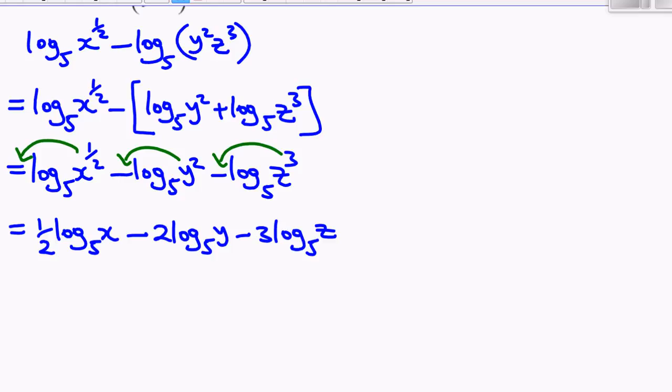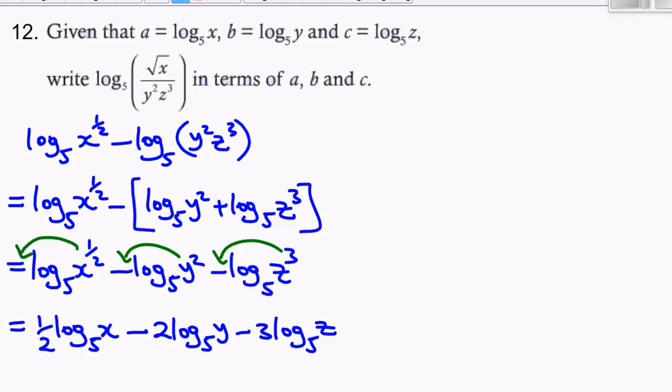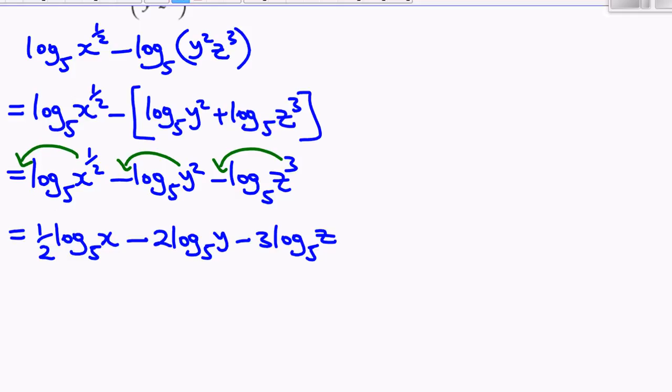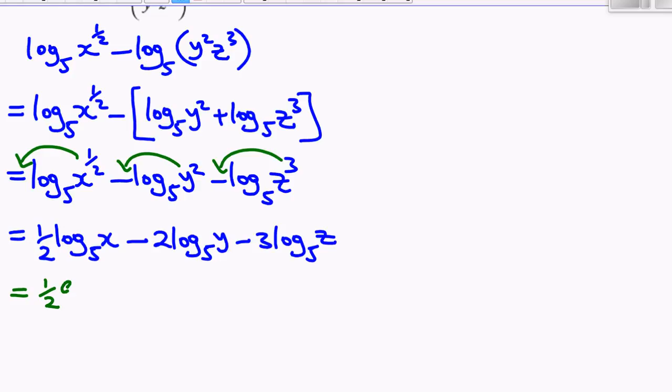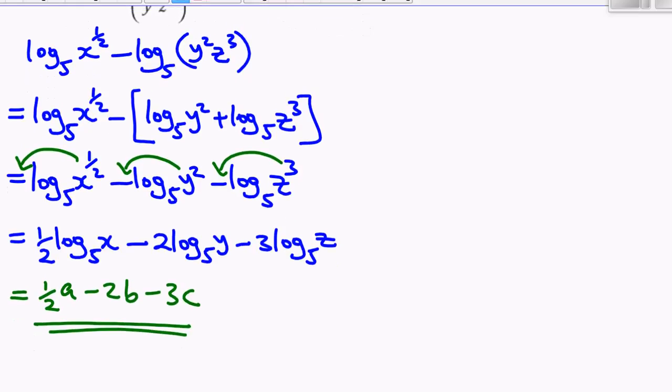And then you can now go back up there and start inspecting what did they give you in the question, what is A, what is B, what is C, and then you can come here and plug that in. So our final answer will be a half A minus 2B minus 3C, whereby just inspecting up here again, that is our A, that's our B, it's also C. So instead of writing those logarithms, we're just writing in terms of A, B, and C to end up with this.